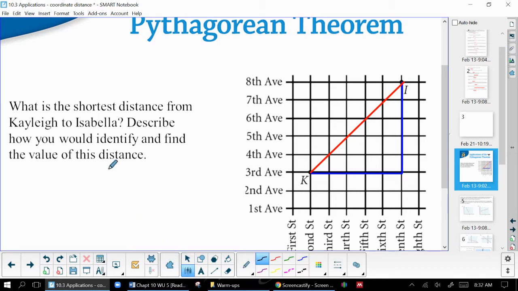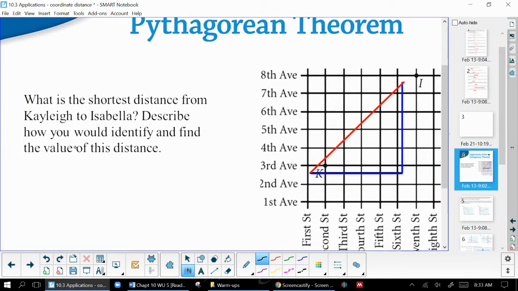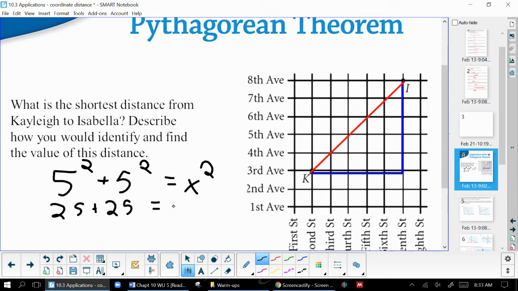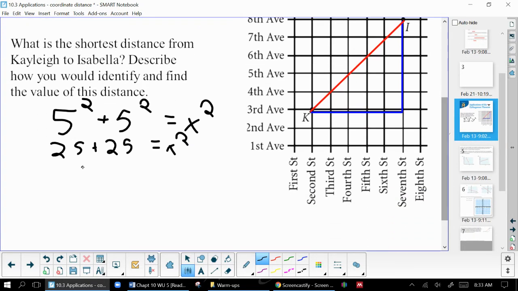So if we're going to do that, we've got 5 squared plus 5 squared equals x squared. Well, that gives me 25 plus 25, put them together, we've got 50, and we'll take the square root.